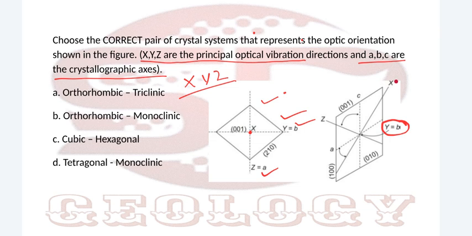You can see this is the orientation of X, this is the orientation of Z, so they are not coinciding with A or C. So it belongs to the monoclinic system. So first one is orthorhombic, second one is monoclinic. And in the triclinic system, none of the indicatrix axes will coincide with any of the crystallographic axes. The answer will be orthorhombic and monoclinic.